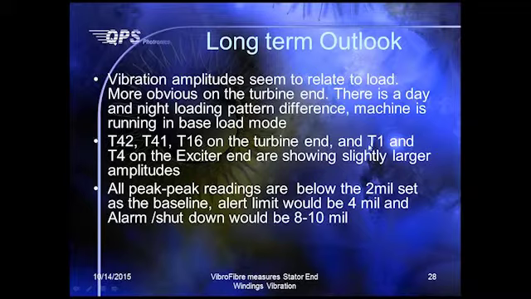For the same reason, on the exciter end, there are two sensors showing slightly higher vibration than other locations. But in general, all these data show that the vibration peak-to-peak values are well within the 2 mil limit, which we set as a baseline value.